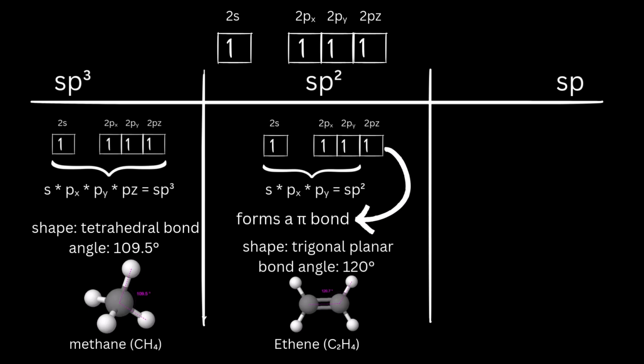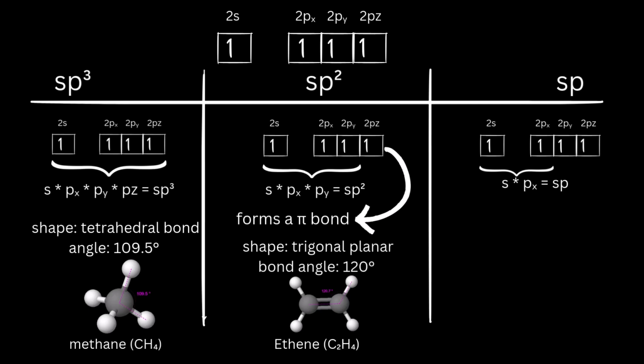In sp hybridization, however, the 2s orbital mixes with only one of the 2p orbitals, specifically the 2px, to form 2 equivalent sp hybrid orbitals. The other 2 of the 2p orbitals, which are the 2py and 2pz, remain unhybridized.